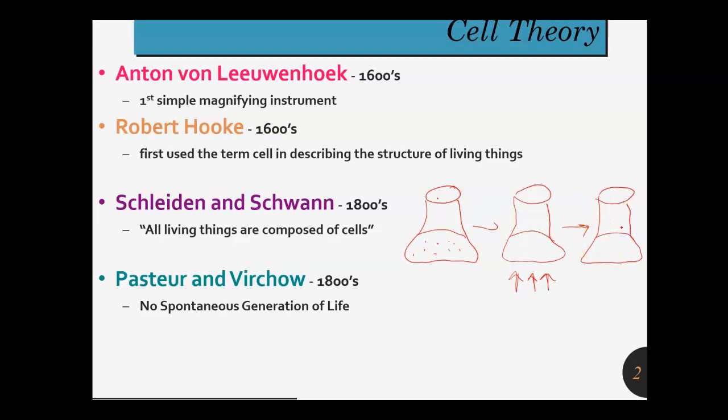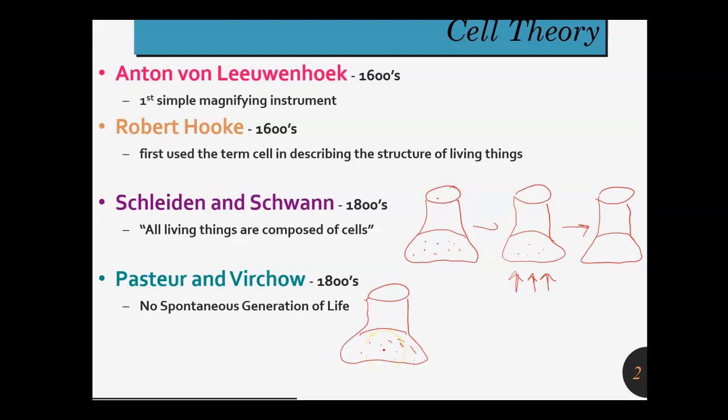So they let the container sit out, and what they found was that the bacteria, once examined, had returned to the container. So now we got all these colonies of bacteria growing again.